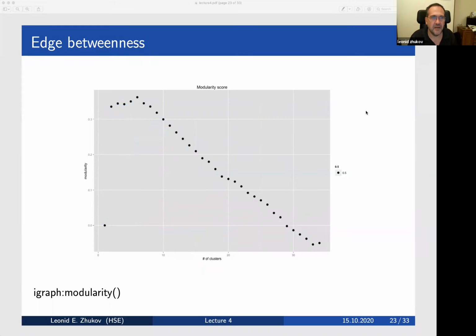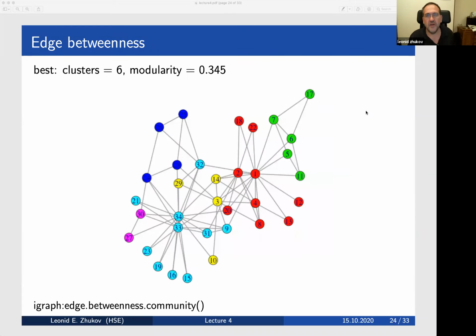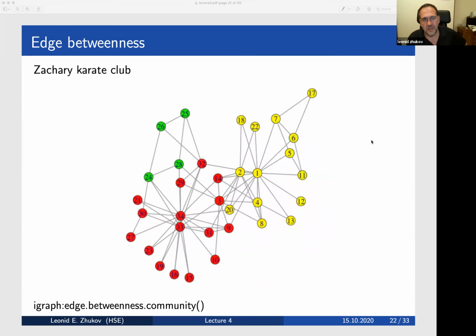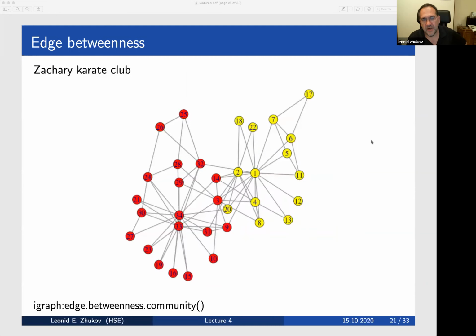And then I can actually do this. According to modularity, the largest value of modularity for this graph is 0.34, and that's the partitioning into clusters of this graph. So the algorithm believes that these are the optimal clusters. You can agree, you can disagree, you can maybe say that this was better or this was better partition.